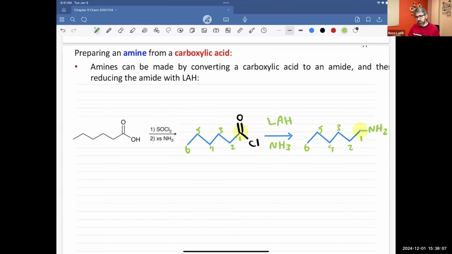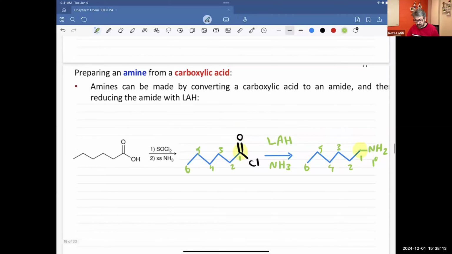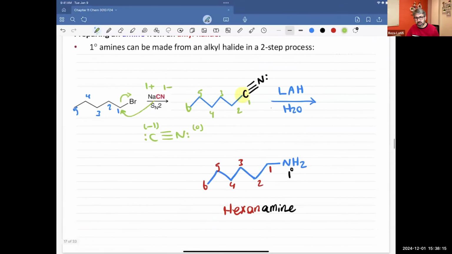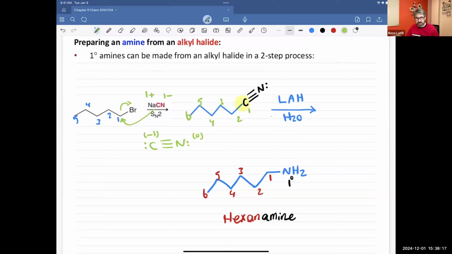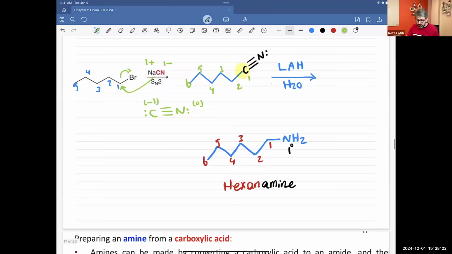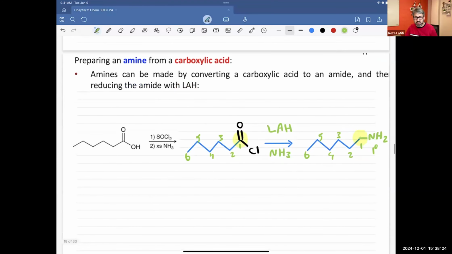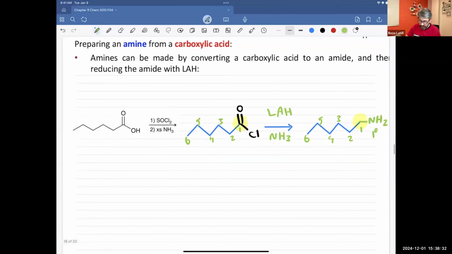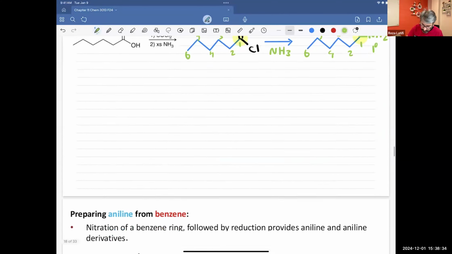So this method also gives us a primary amine, but the difference between this method and the previous method is that the cyanide adds 1 carbon to the starting compound, and this one does not add any new carbon. Whatever you start with, you will get at the end, plus NH2 as a primary amine.